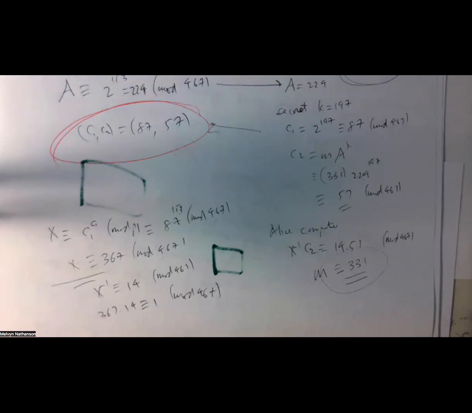Hi, Professor. I have one question. Yes, go ahead. In the previous one, how do Alice and Bob know they have to compute uppercase A to the power b or uppercase B to the power a? Why not A times a or b times a?